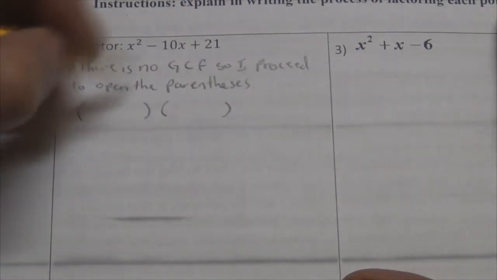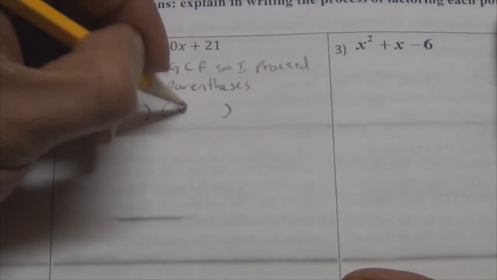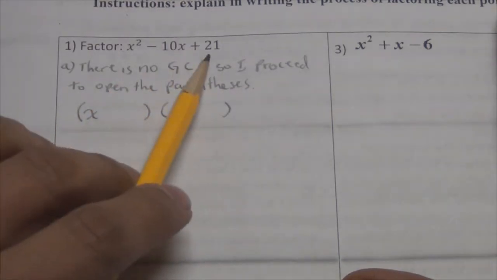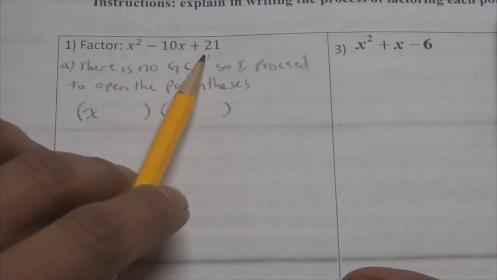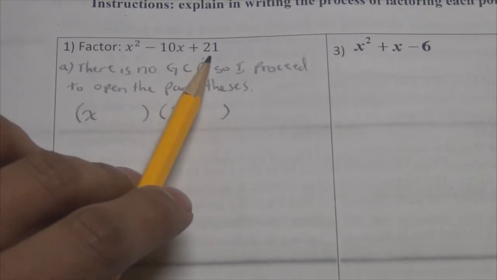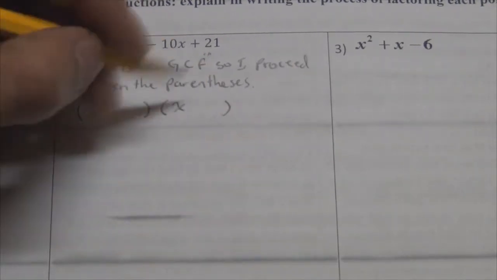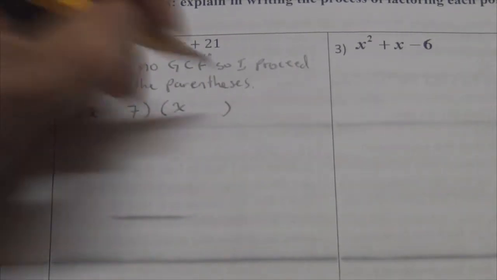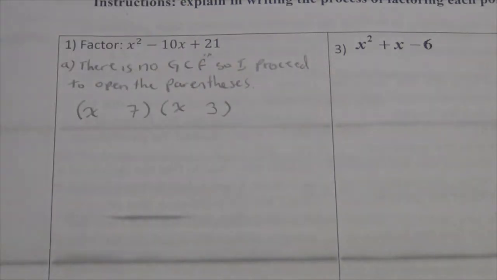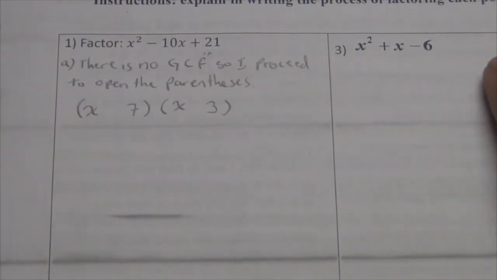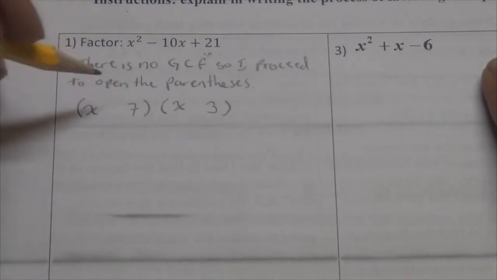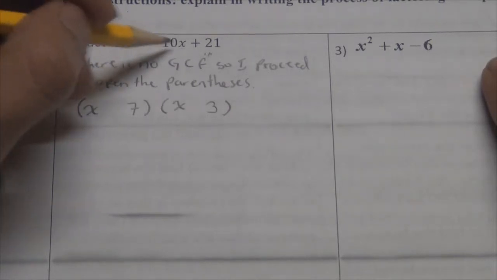Factors of x squared, x and x. Okay, factors of 21. 21 is not a prime number, but there's only so many factors of 21. All right, so I have this. Then you need the smiley face in order to see if you can get the middle term.